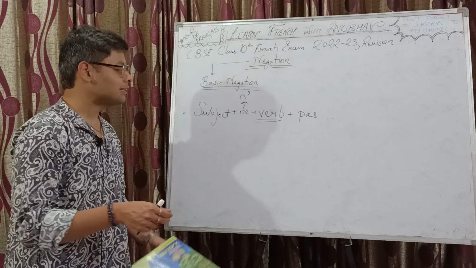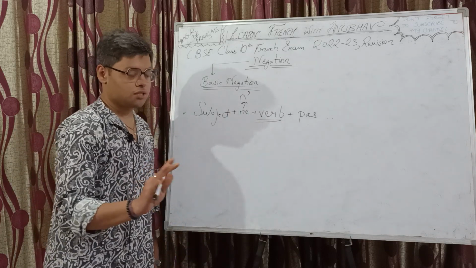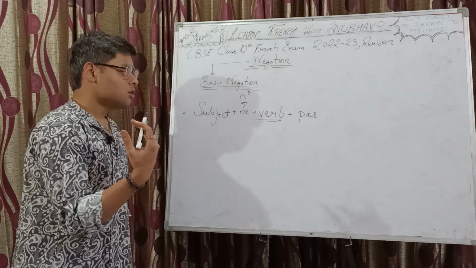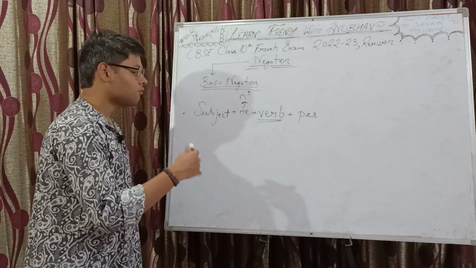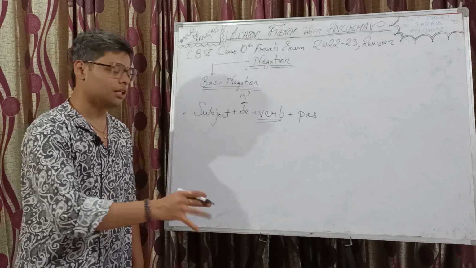Now this is the case when there is just one verb in the sentence. But we do have tenses in which there are two verbs. For example, in passé composé there is an auxiliary verb as well.